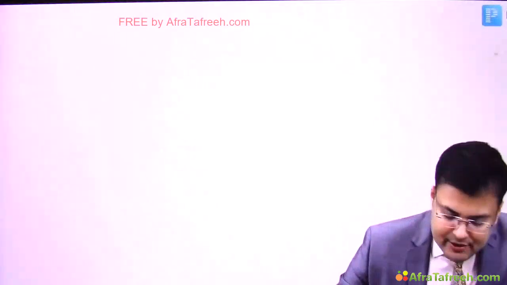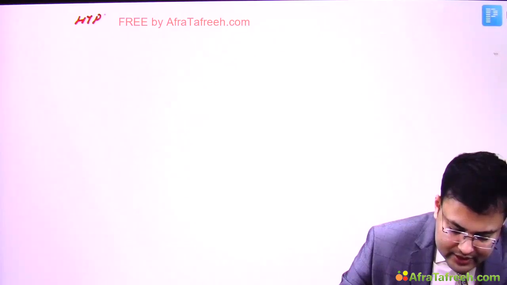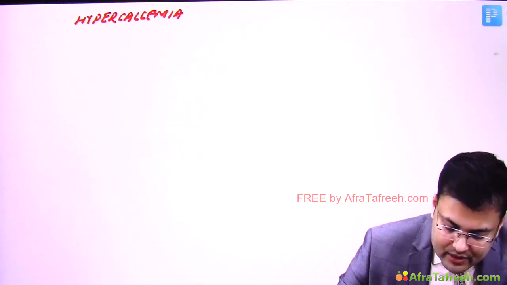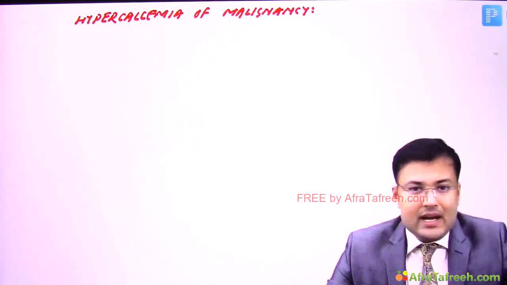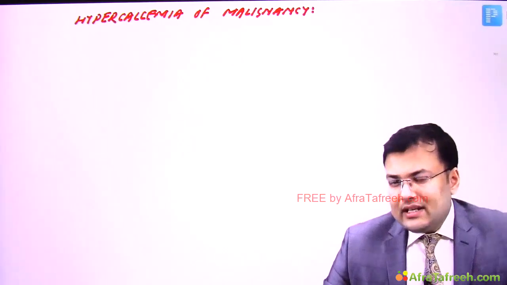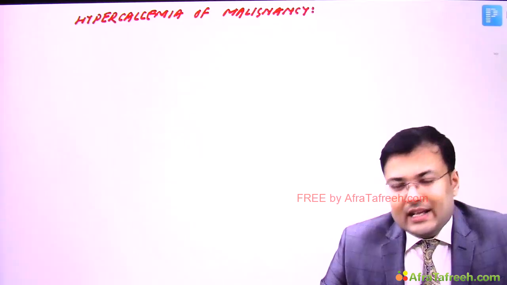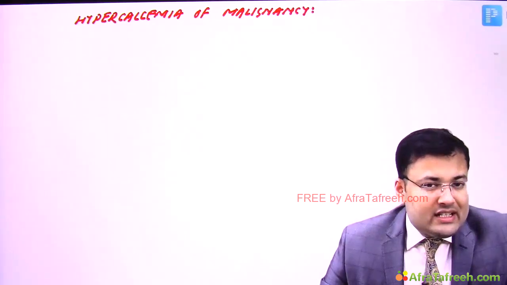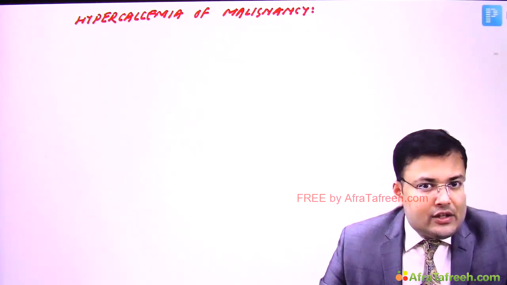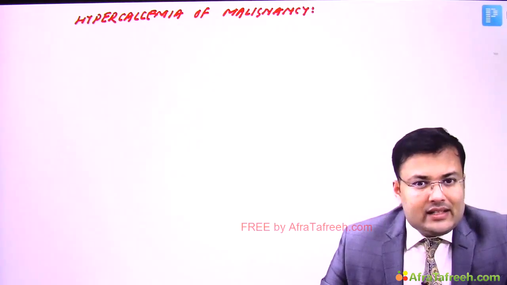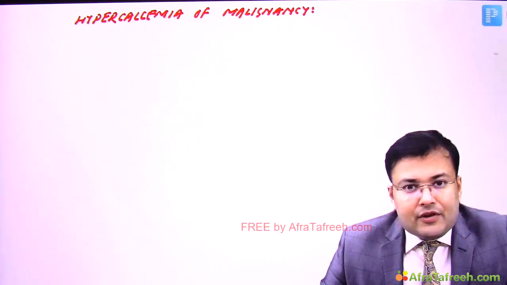Next is hypercalcemia of malignancy. Okay, so there is hypercalcemia in malignancy. Clear? So generally, what are the factors which are mainly responsible for hypercalcemia in malignancy? We discussed that in malignancies there are osteolytic secondaries, and if there is osteolytic secondary, what happens? There is release of calcium from bone. So first, release of calcium from the bone, and second, there is increased absorption of calcium from the DCT.